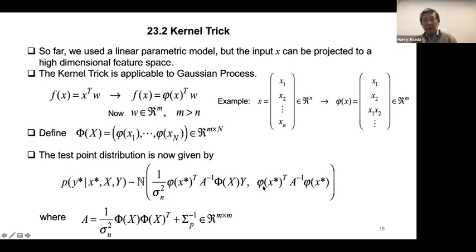And the Y. Previously it was X star transpose A inverse X star, and now it is expanded in this way. The matrix A, we did this replacement some time ago, and this part is now expanded to capital phi of X transpose. So in this way, we can surely expand the space very nicely.